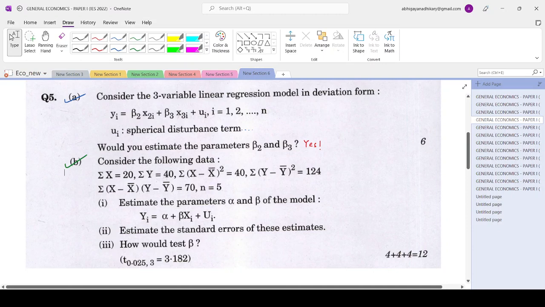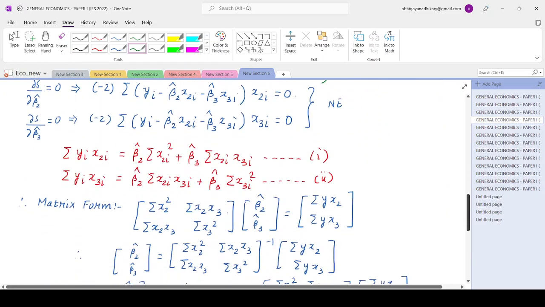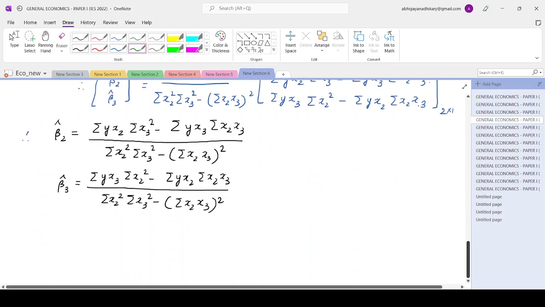The first part is to estimate the parameters alpha and beta of the model. Part 2 is to estimate the standard errors of these estimates and test for beta given a critical value.